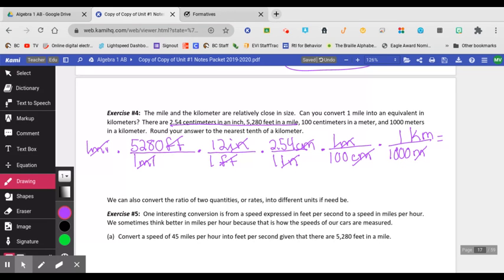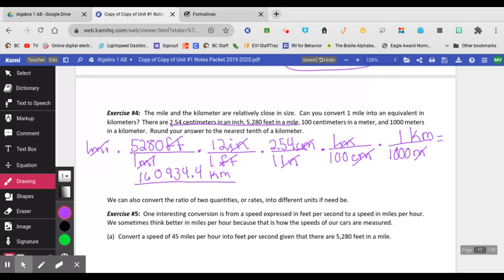Now I multiply. And remember, when I multiply fractions, I multiply all the numerators and all the denominators and then divide. So 5,280 times 12 times 2.54 times 1 gives me 160,934.4. And that's kilometers over, I need to multiply the denominators, which is 1 times 1 times 1 times 100 times 1,000.